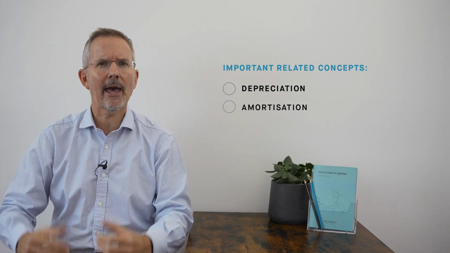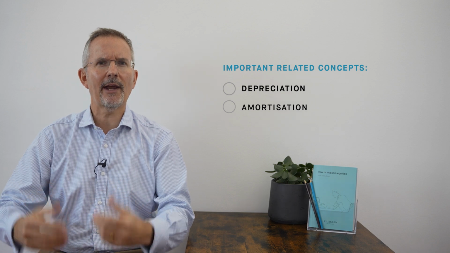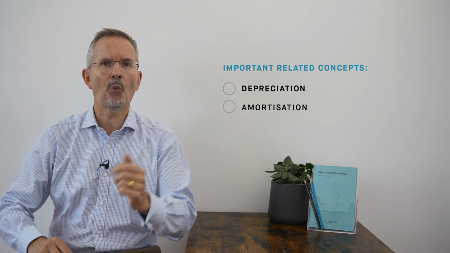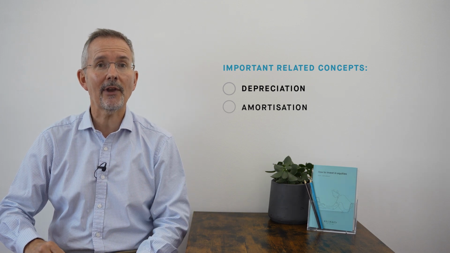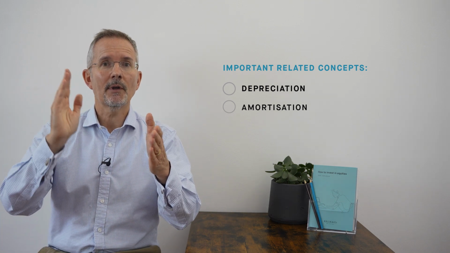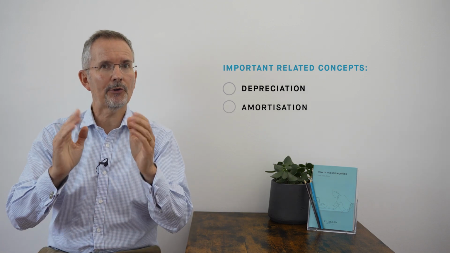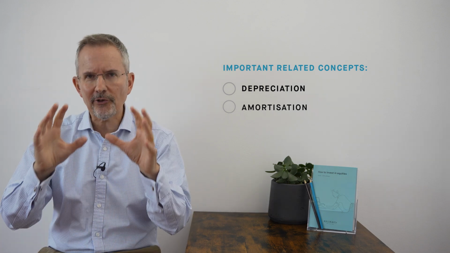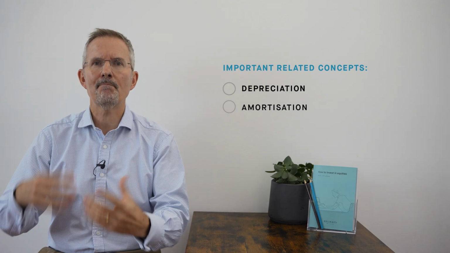They say this asset should be good to help us generate sales for the next 20 years. So what we'll do is, rather than booking all the cost in 1 year and then nothing for the next 19, we'll chunk it out, depreciate it or amortize it, as they call it, over its useful life. That's just something to be aware of. It's a matching concept.